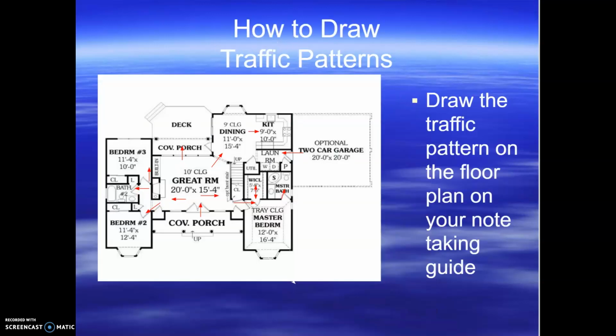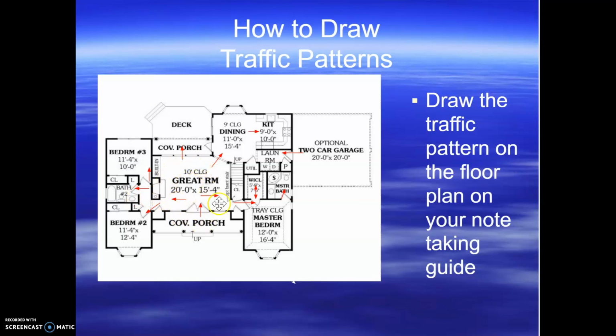All right, one last thing here on traffic patterns. I'm sorry, this is kind of out of order on your notes because we talked a little bit about traffic and circulation patterns already. But with traffic patterns, you definitely want to draw arrows showing what direction people would travel in certain spaces.